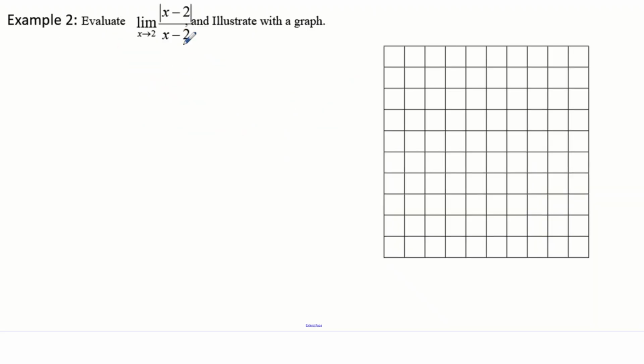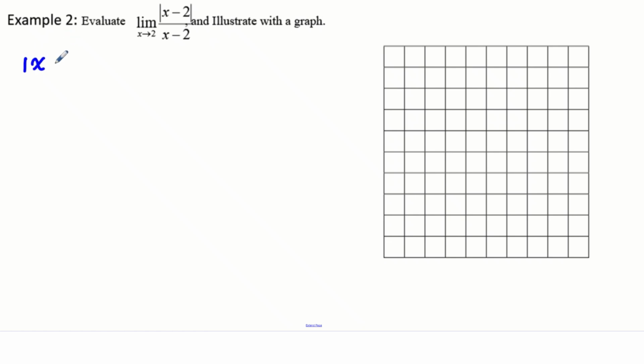Example 2: you will see we have an expression that is more complicated, and when x equals 2, if we do the direct substitution, the denominator will equal 0, so we couldn't do that. We have to manipulate this expression first, and after that we can find the limit.